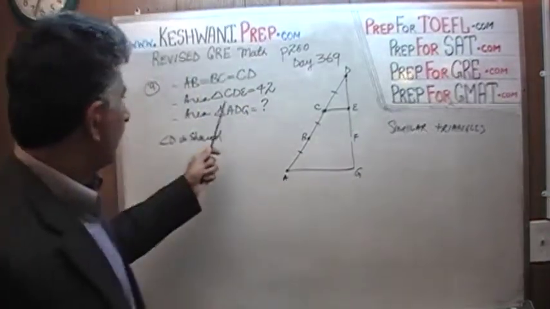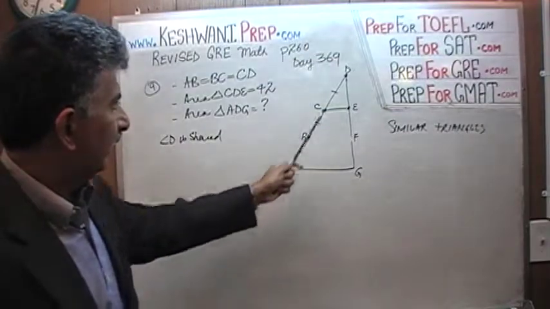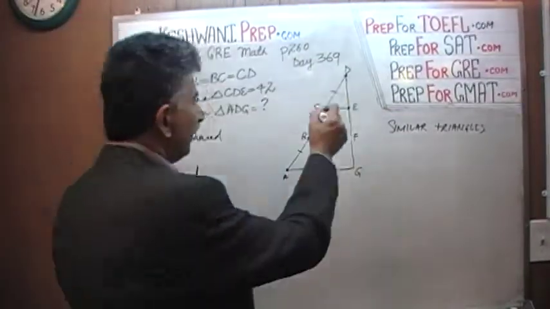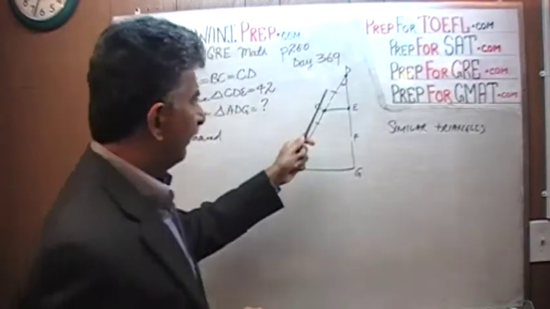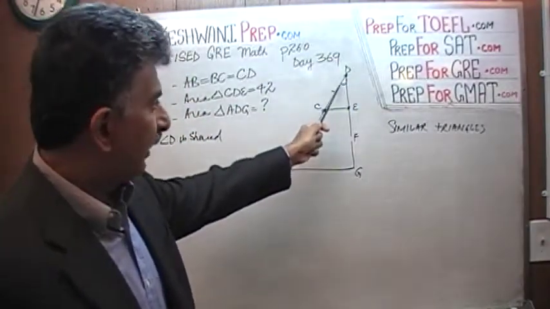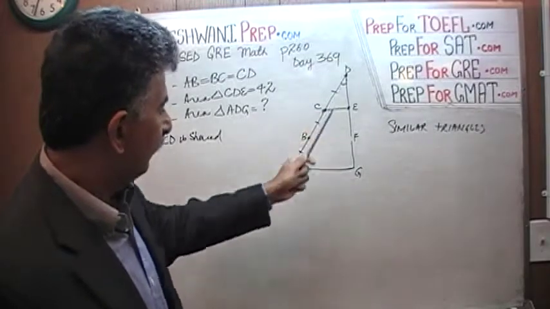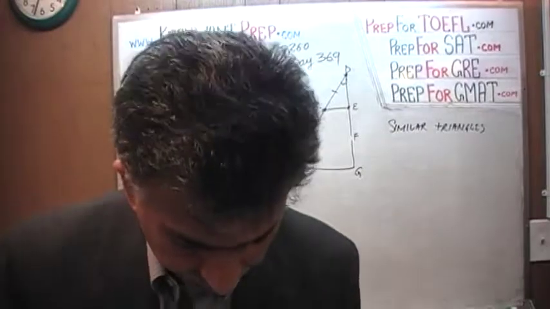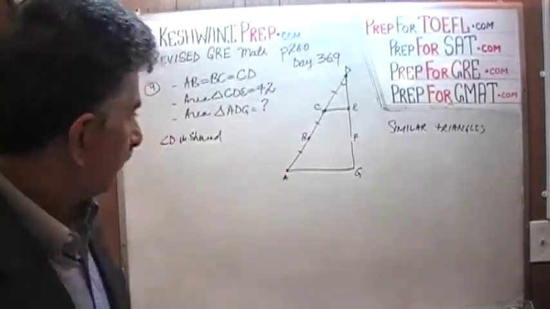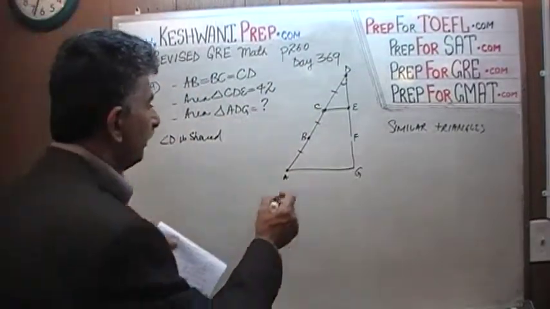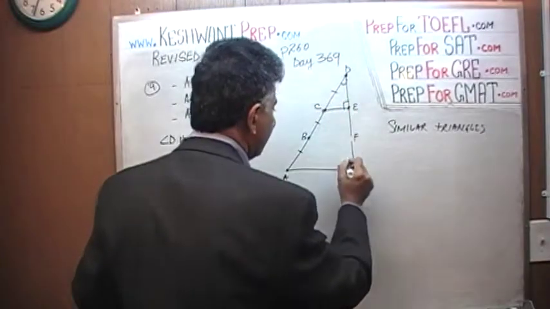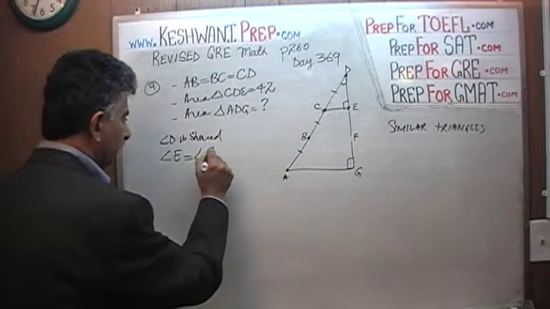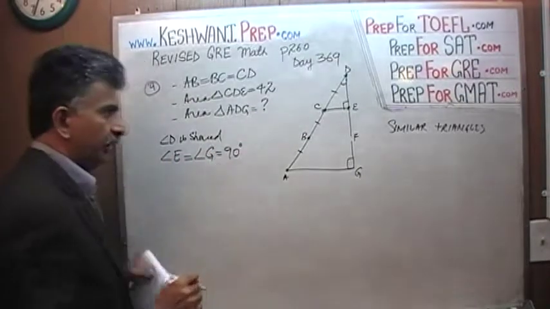If you look at triangle CDE and triangle ADG, those are the two triangles we're interested in. Angle D is shared by both of them. Angle D is a part of triangle CDE, and angle D is also part of ADG. That is shared, so obviously they are equal because they share it. What about angle E and angle G? Angle E has to equal angle G because we are told that they are both 90 degrees, given that symbol.